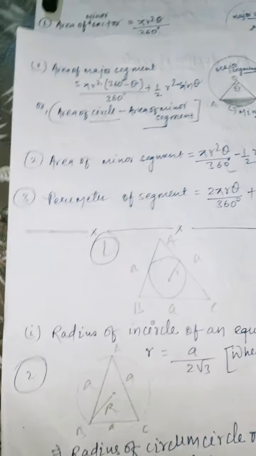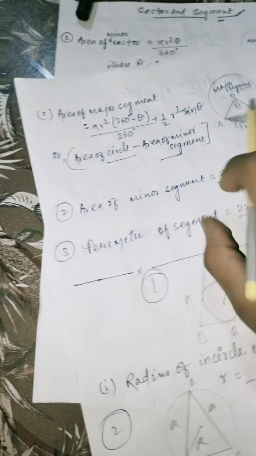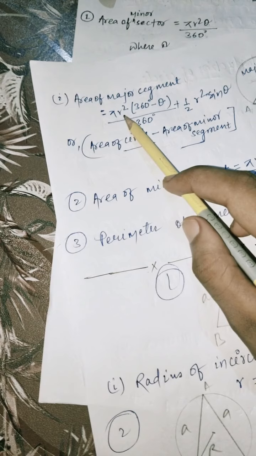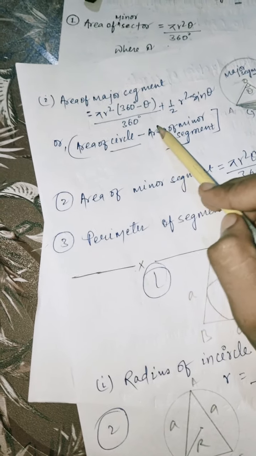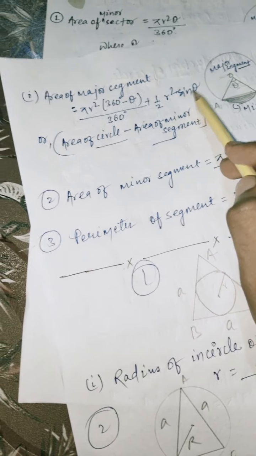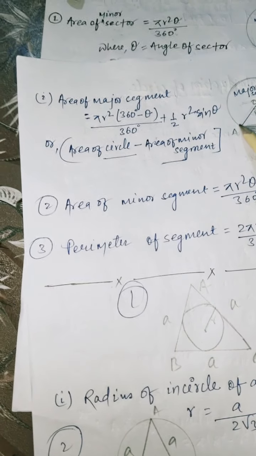Okay, now if we have to find the area of major segment, this part, then we can apply the formula pi r square minus pi r square into 360 minus theta by 360 degree plus 1 by 2 r square sine theta.